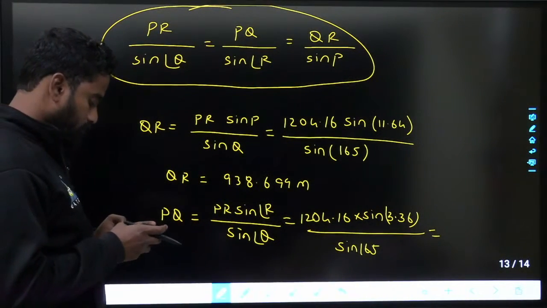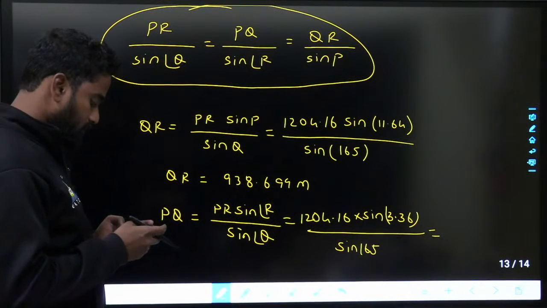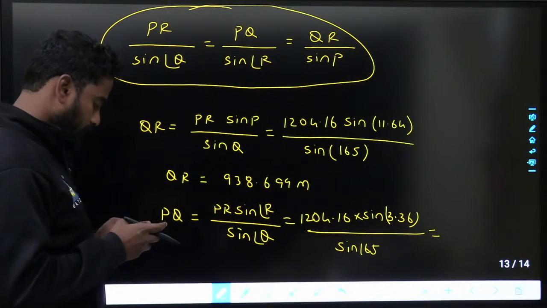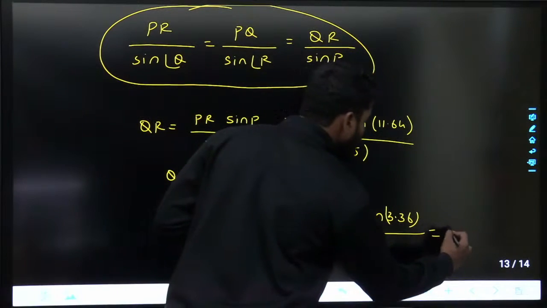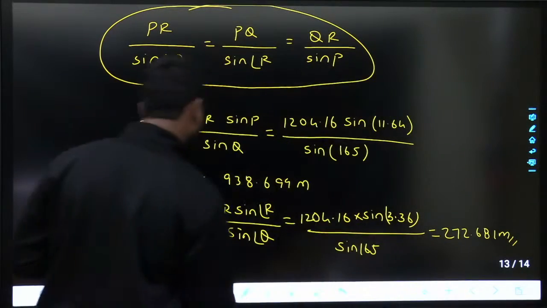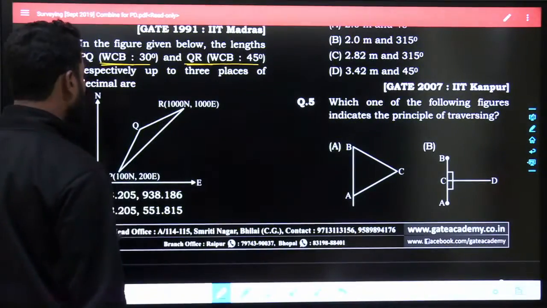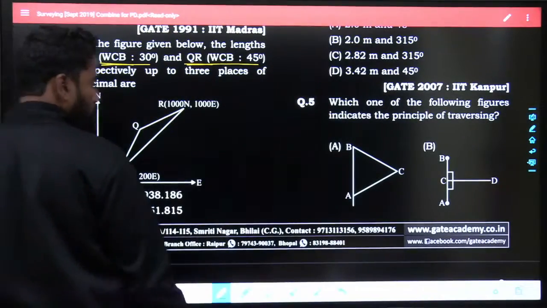Next, 1204.16 multiplied with sin 3.36 divided by sin 165, 272.681 meters. Options are there. 272 or 273 I got.